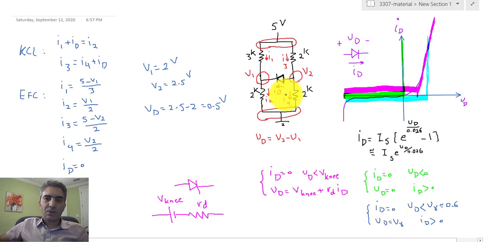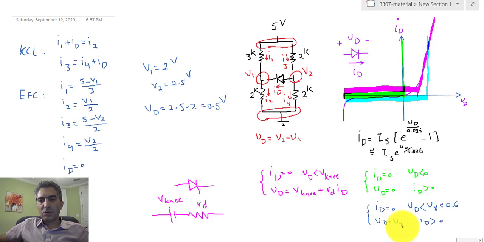So if you really want to, maybe go back here and make those changes in the circuit to help you understand how any of these approximations impacts the circuit better. Again, for ID equal to 0, you completely replace the diode with an open circuit. You're basically removing it. For VD equal to 0, you're turning it into a short circuit.